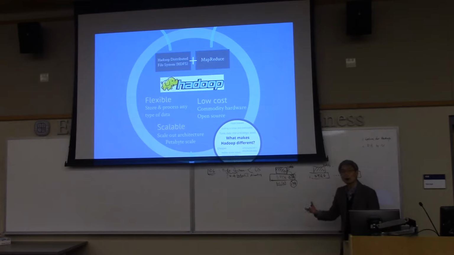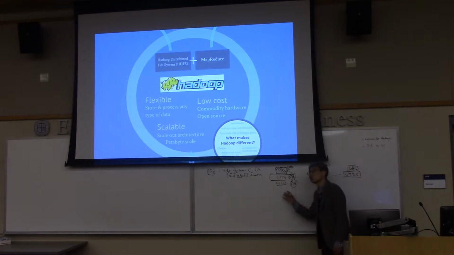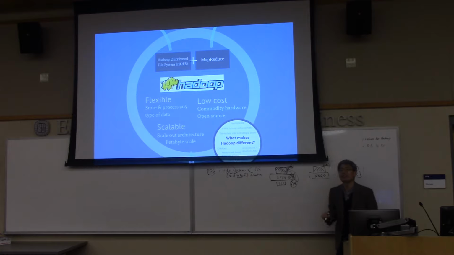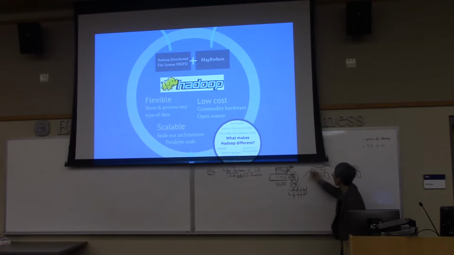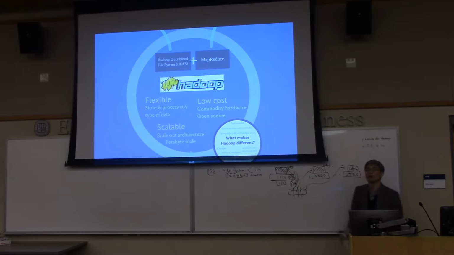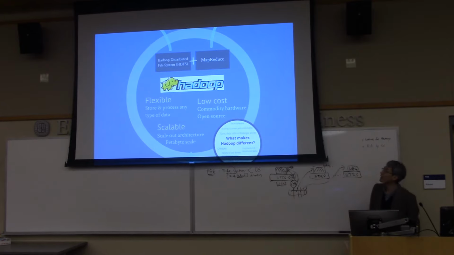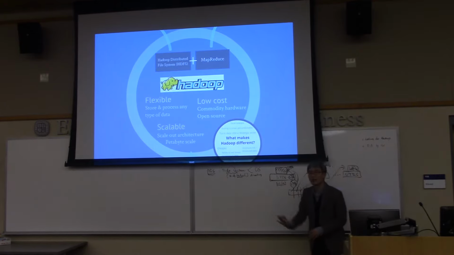If you want to manage such a big file using the Hadoop system, you can upload this file to the HDFS. But at that time, probably it will not be just one file system, it is divided. This one goes here, this one goes here, this one goes here. It's distributed. Okay? So this is the Hadoop file system.